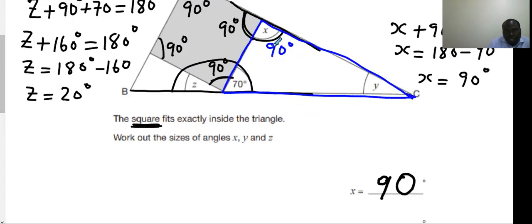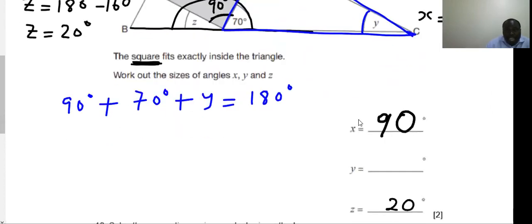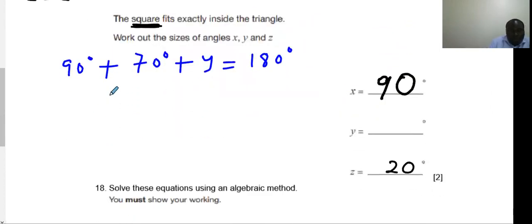Now you know what it means? 90 plus 70 plus y. See that? Let me write here. 90 plus 70 plus y equals 180. Why? Because angles in a triangle add up to 180 degrees.